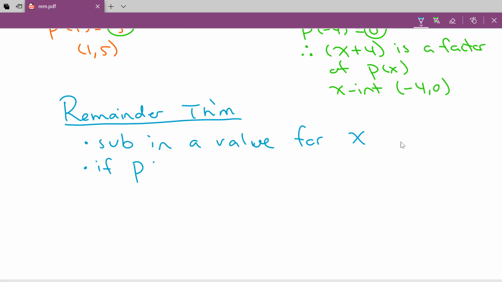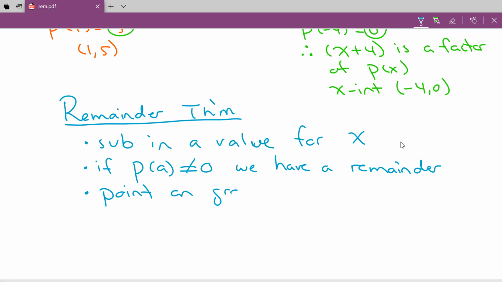If p at a is not equal to 0, we have a remainder. And what I want you to think is this is a point on our graph. It's the point a comma p at a. That's it. So it's a little bit quicker than long dividing or synthetic dividing, and it definitely comes in handy.